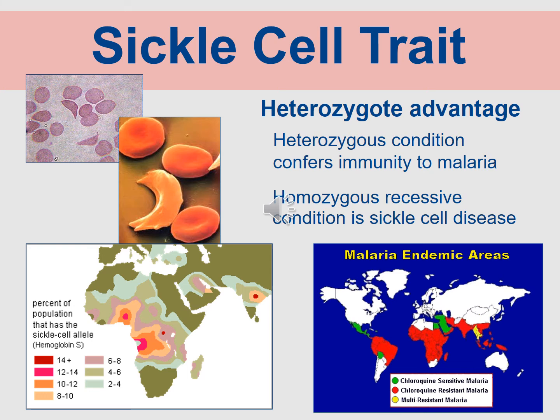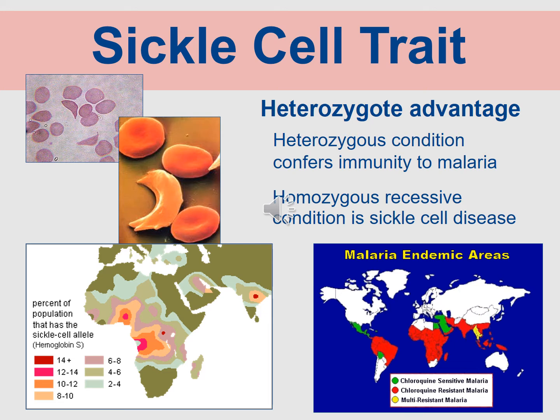You get anemia regularly. And if you are heterozygous, meaning you have one copy of normal and one copy of sickle cell allele, then you have what's known as sickle cell trait. And this is where you have a mosaic of cells, some of which include sickle cell shaped red blood cells.